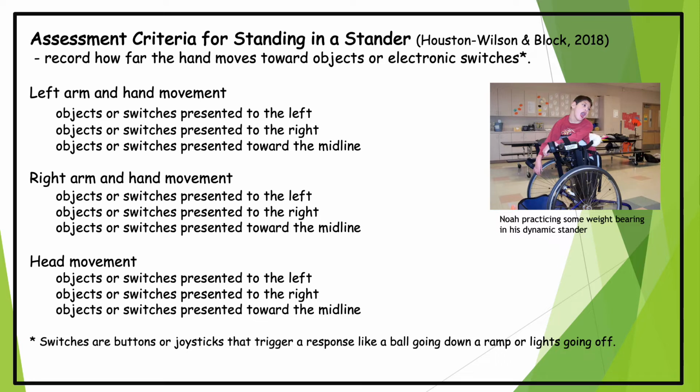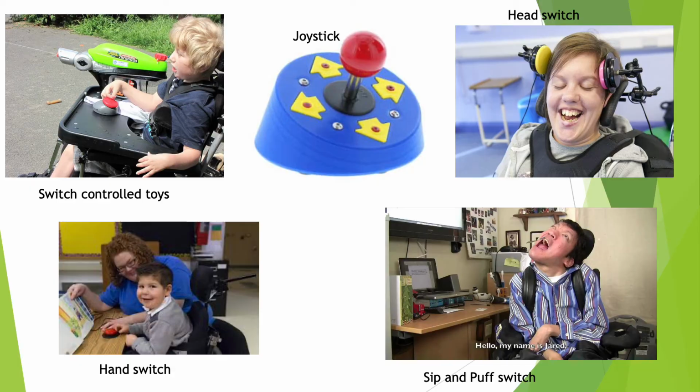Some students who may not have as much movement as Noah up here might have to use switches. And here are just some examples of switches. We have a switch controlled toy, which a student can use with his hands over here. And then there's a hand button down on the lower left corner.